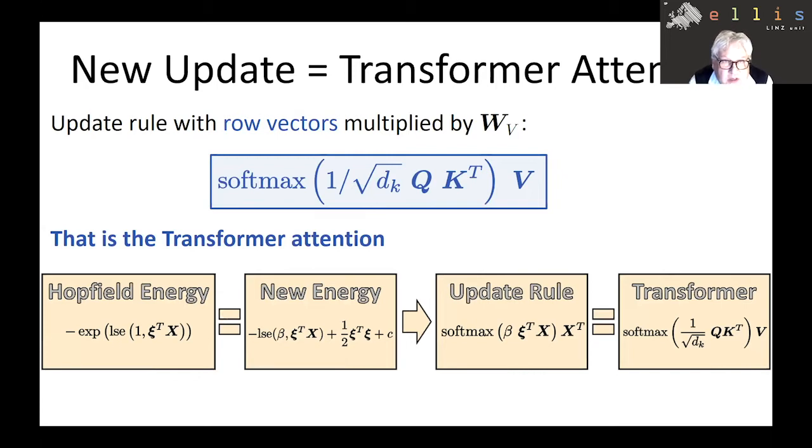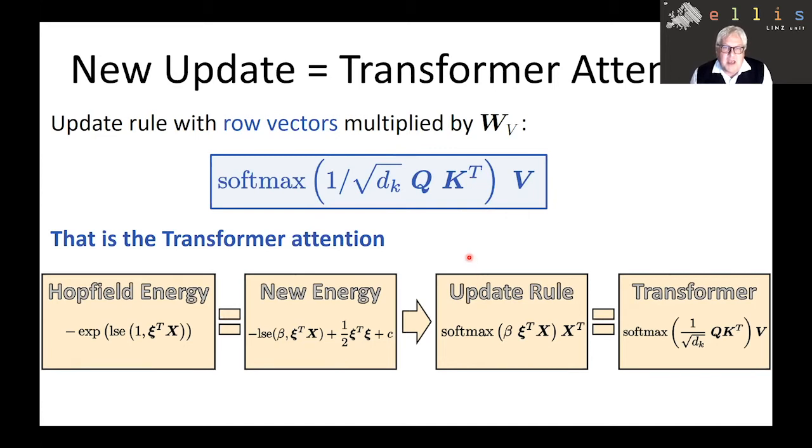Now, the interesting fact is the update rule I showed you is actually nothing else than the attention mechanism, which is very well known from transformers, from these modern architectures used in NLP, natural language processing. This is the transformer update, and this is the same as the update rule which I introduced. You only have to rewrite different things, like this part we call beta and so forth.